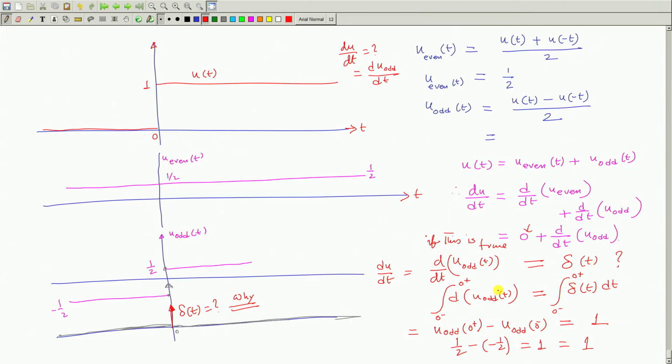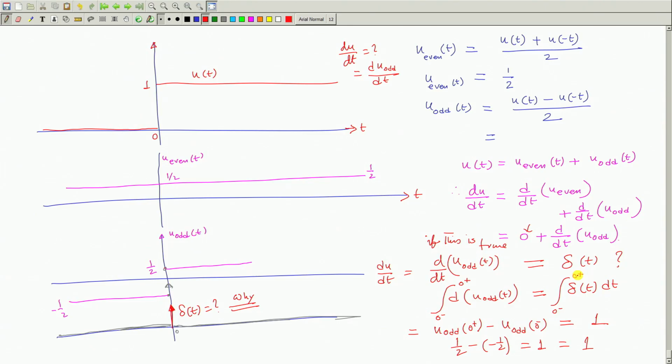Then you integrate both sides from 0 minus to 0 plus. Left hand side will give you 1, because if you integrate it, it will become u odd t, and u odd t at t equal to 0 plus is plus half, this is minus half, so this is plus 1, and on the right hand side this has to be equal to 1, and indeed it will be 1 if you integrate this function delta t dt from 0 minus to 0 plus.